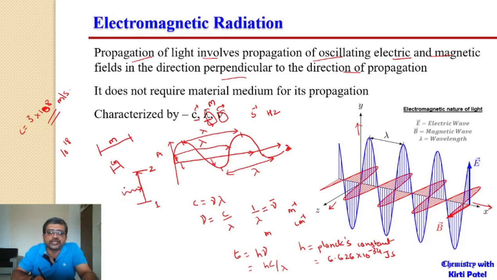The energy of this radiation should be equal to the difference between these two energy levels. So delta E should be equal to the energy associated with the radiation. So here we will have delta E, that is the difference in energy levels of the matter, equal to E, that is h nu, or this should be equal to hc upon lambda. So if we have wavelength, velocity is a constant, 3 into 10 raised to 8 meters per second. So we can calculate the energy difference between the two energy levels.